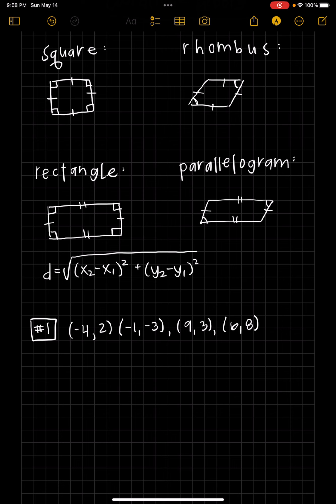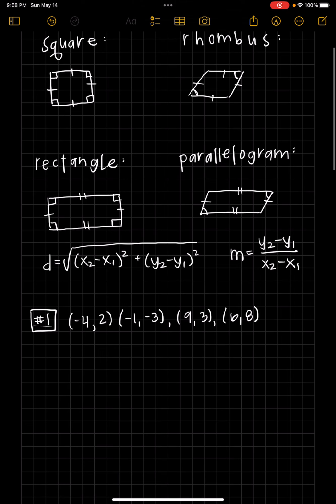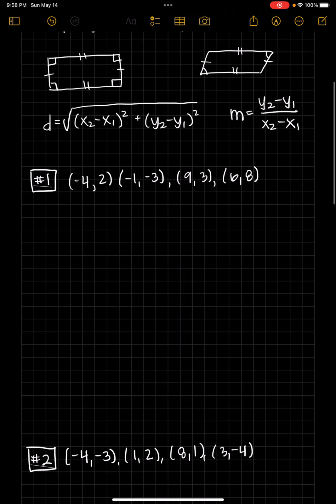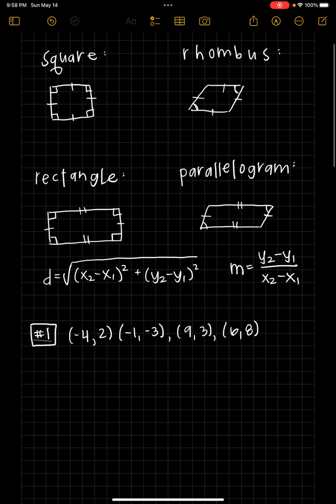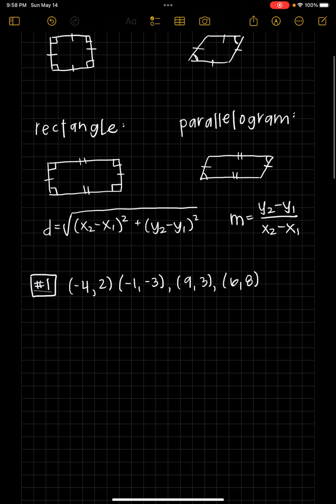And my slope formula, which we talked about in the last video, is m is equal to (y2 minus y1) over (x2 minus x1). I'm sorry, all of this information is on your key term sheet for this lesson too.